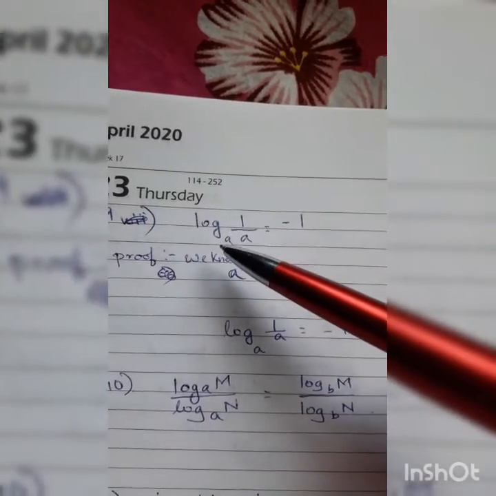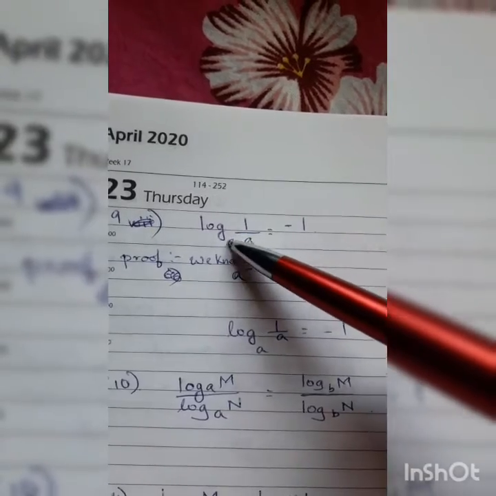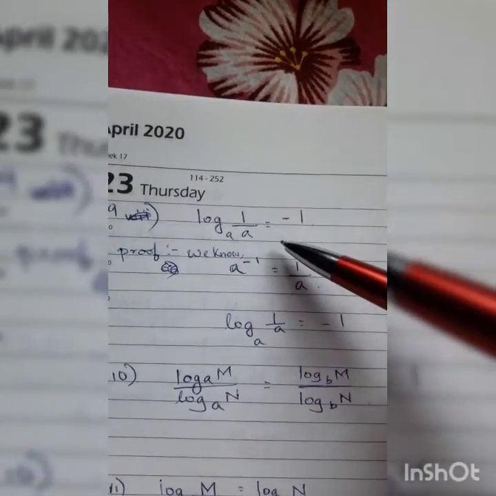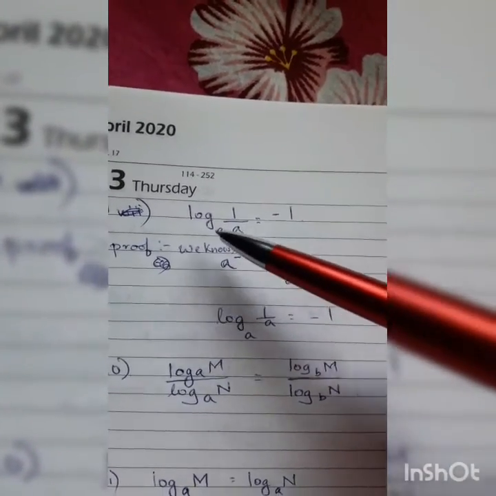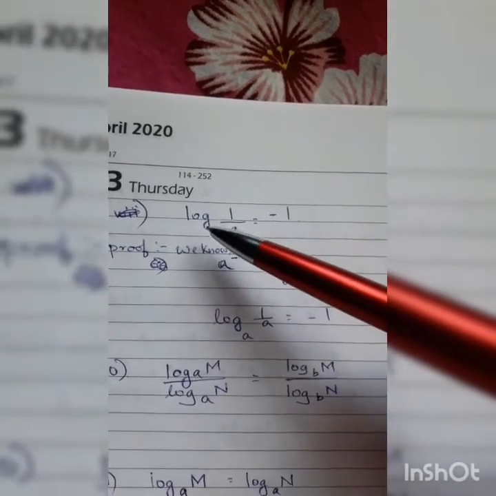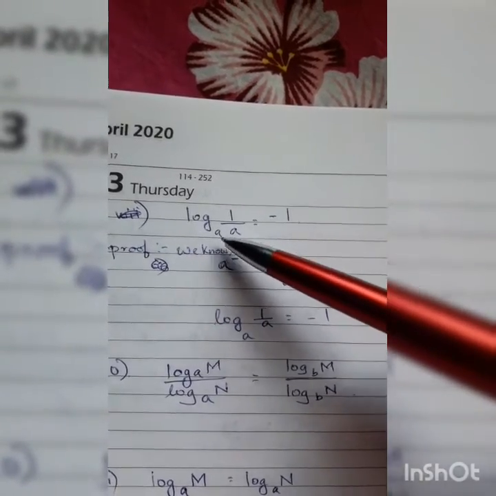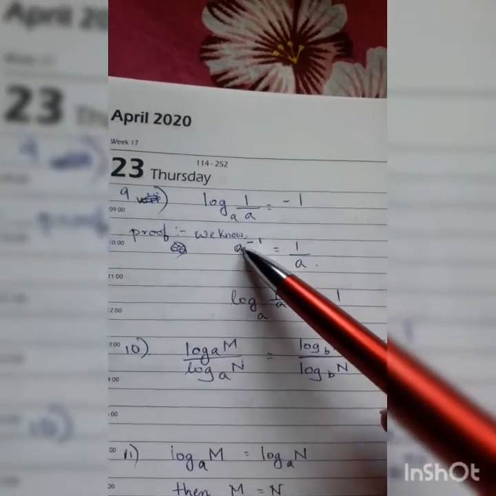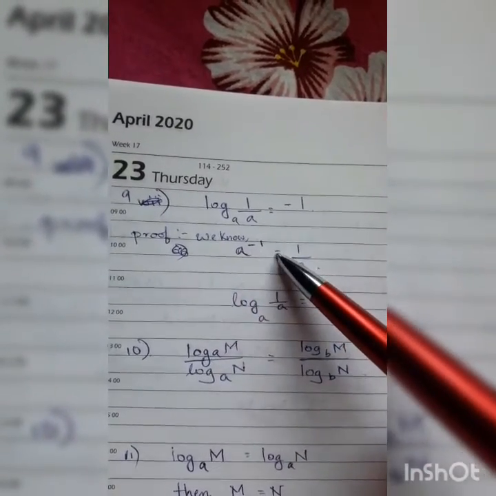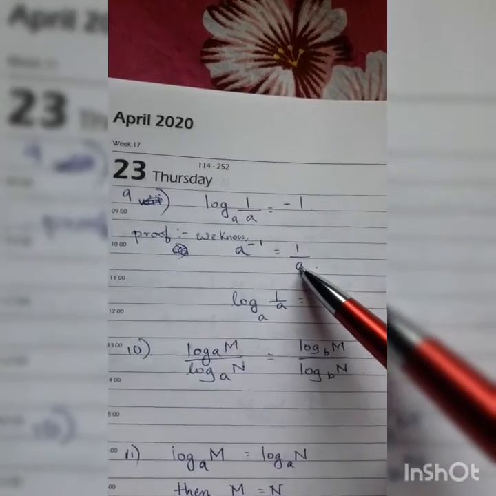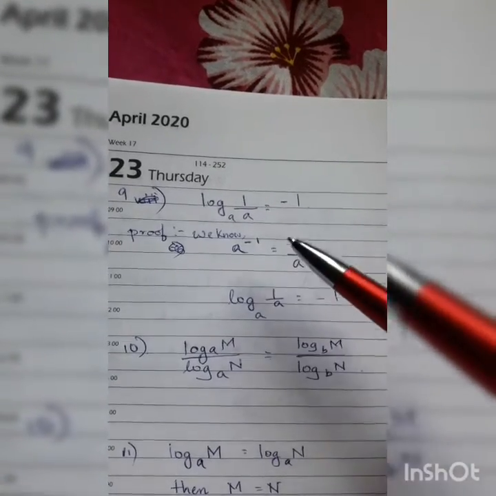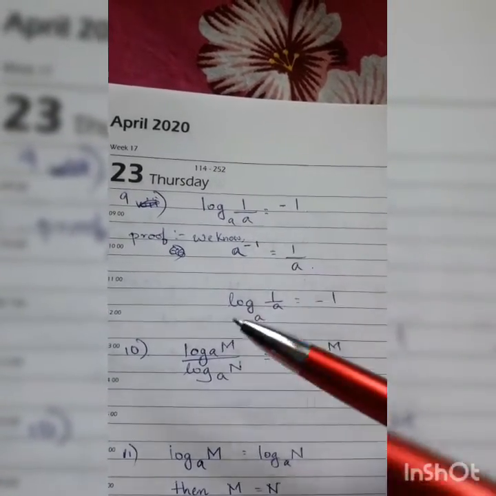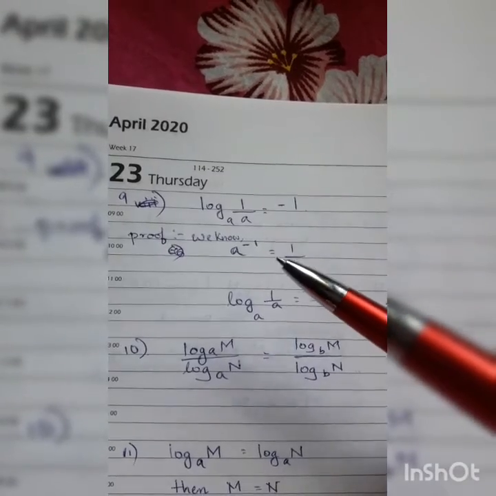Children, formula number 9 is log 1 by a to the base a is equal to minus 1. You have done a similar formula where the question was log a to the base a is equal to 1. Now, we know a to the power of minus 1 is equal to 1 by a. This you have learnt from your previous classes, in your exponents or indices chapter.